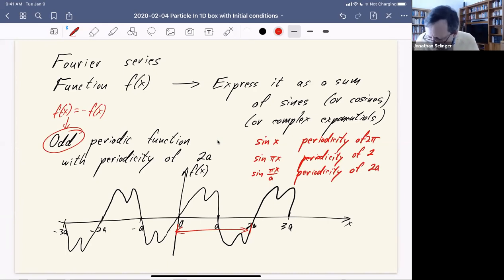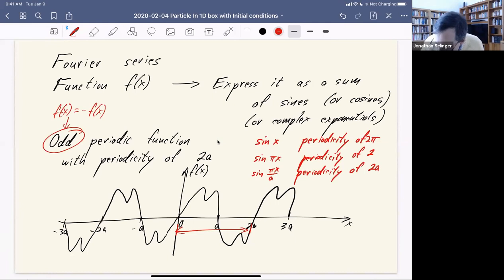But if we want to represent an arbitrary, funny-looking function, like the one that I just drew, we need to add up this sine plus higher harmonics, that is integer multiples of pi x over a inside the argument.